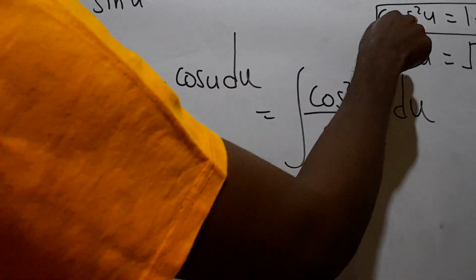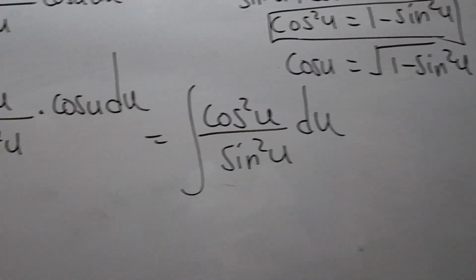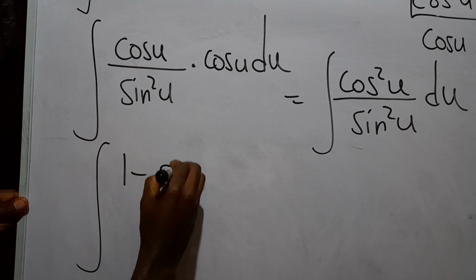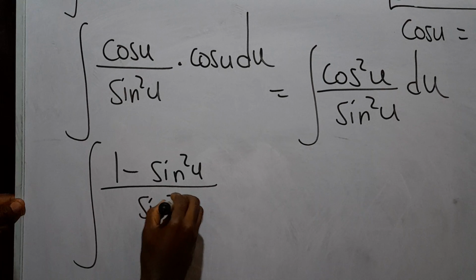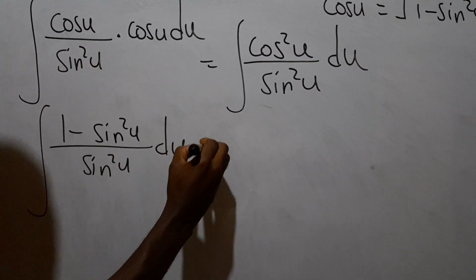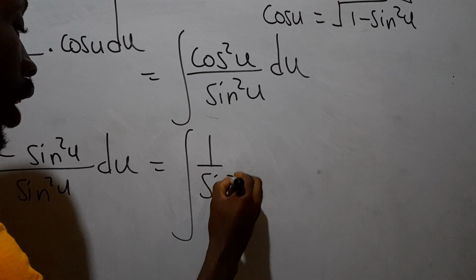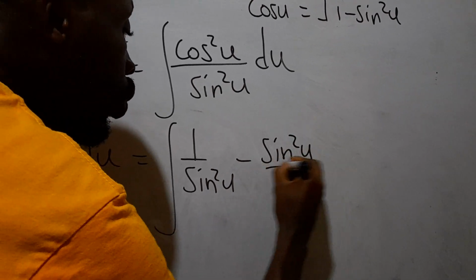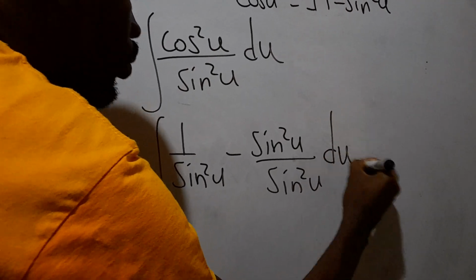Remember, cos square u is the same as 1 minus sine square u, so we can replace it again. So that will be equal to 1 minus sine square u all over sine square u du. So you can split this and have 1 over sine square u minus sine square u over sine square u du.